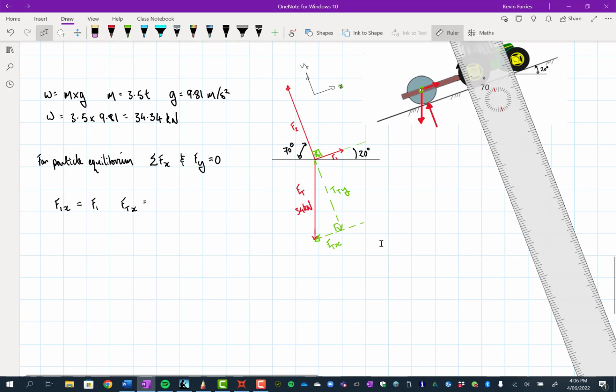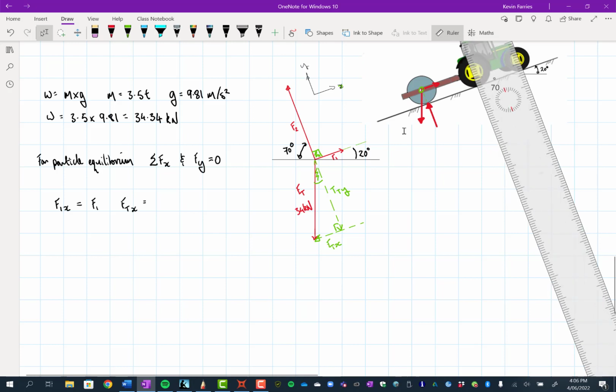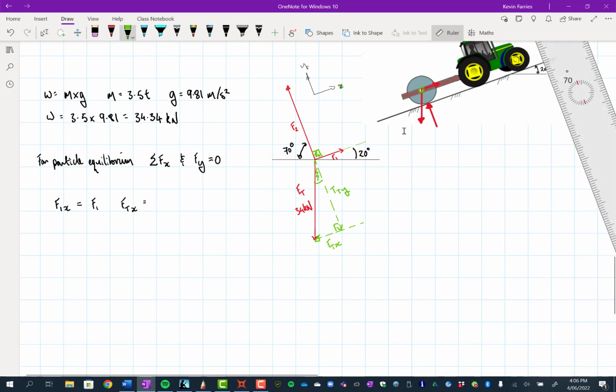Now we need to know one of the angles in here. Let's have a think about that angle there. I know that's 20. The question is, how do I know that's 20? If you've got parallel lines with a line crossing, you don't even need the parallel lines, you actually just need two lines crossing.